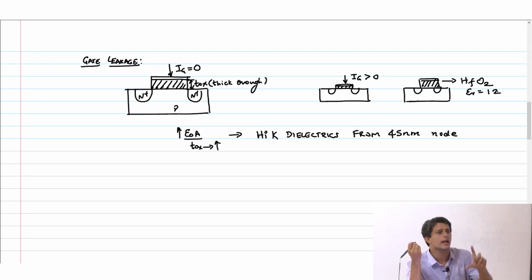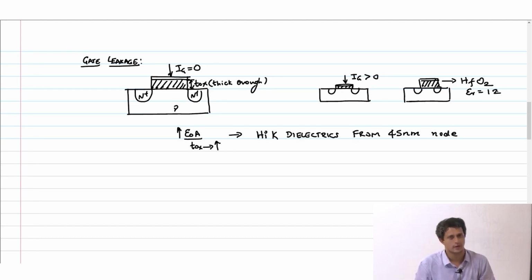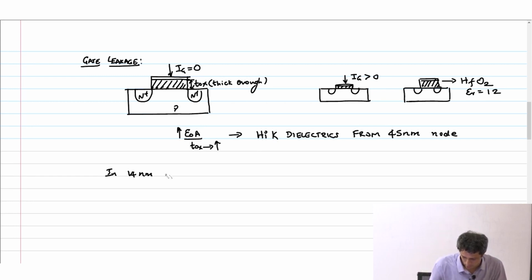So I could increase the thickness of my gate oxide by a factor of 3, wherein I have killed quantum mechanical tunneling, because that depends purely on the thickness, right? But my capacitance has still remained the same. But that doesn't mean that this is very, very large, because in the 14 nanometer technology node the oxide thickness, Tox, is approximately 1 nanometer.